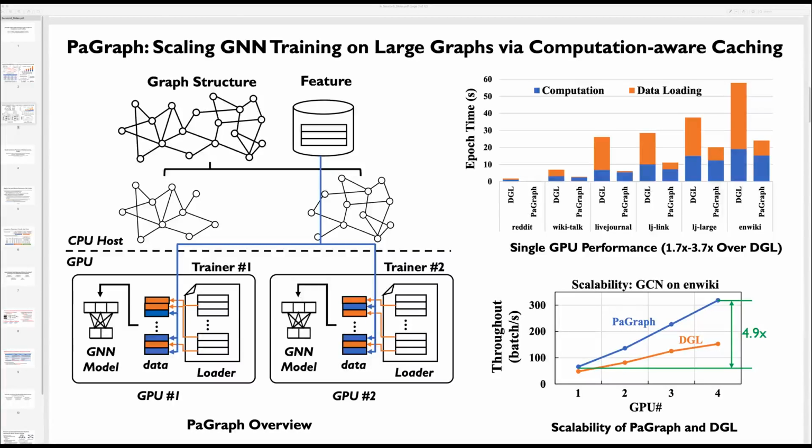However, in GNN sampling training, we saw that a vertex may be loaded multiple times into GPU memory. So this provides an opportunity for us to leverage a cache to cache the frequently visited data, and thus we can accelerate the whole training performance. Thank you for your answer.